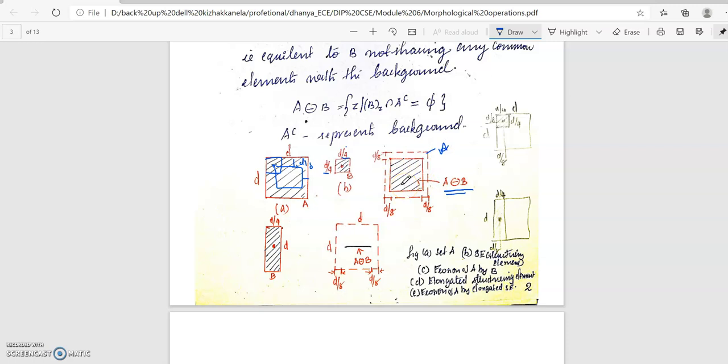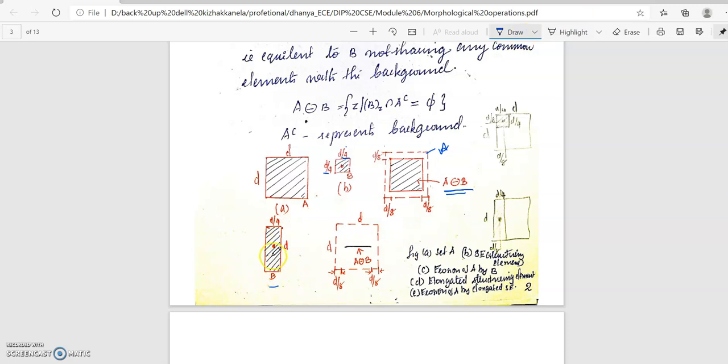Now consider an elongated structuring element. This is my structuring element, and I have the same image A; I have to do erosion with this structuring element.